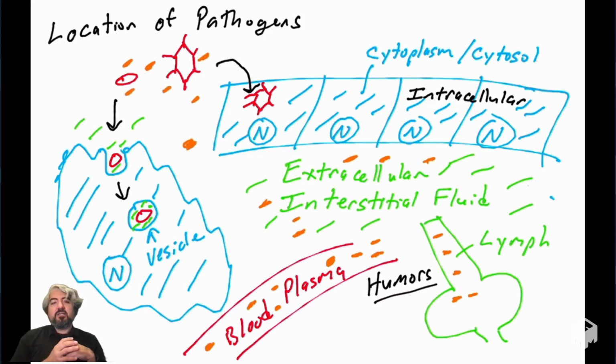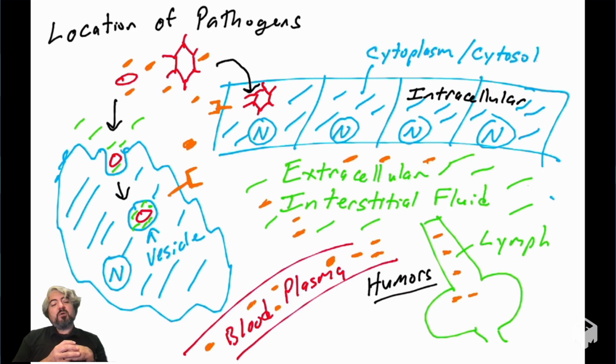So when pathogens enter the body and exist in this extracellular region, we're going to encounter immune system proteins that can interact with the pathogens to help recognize and attack them. We're going to talk about immune system proteins shortly in future videos that are soluble, found in the interstitial fluid or blood plasma or lymph.